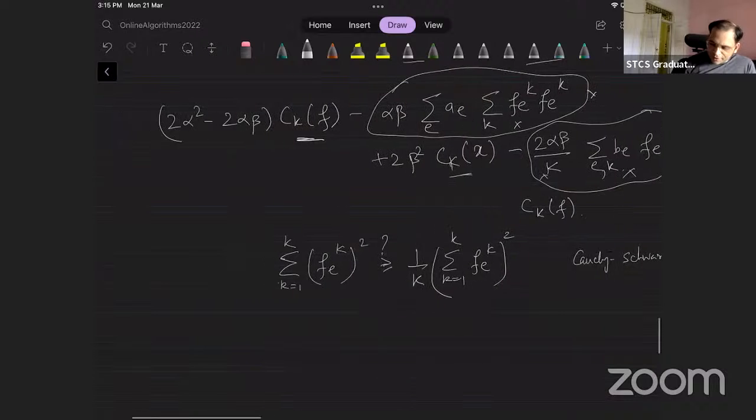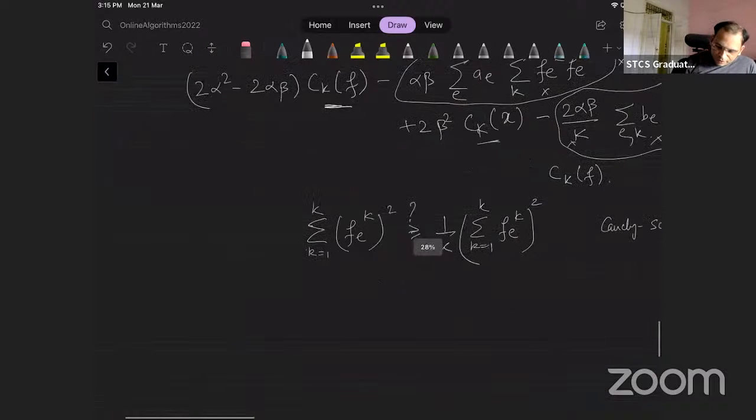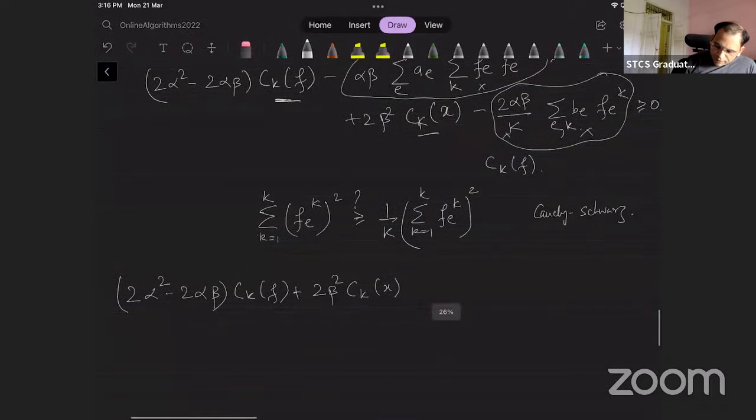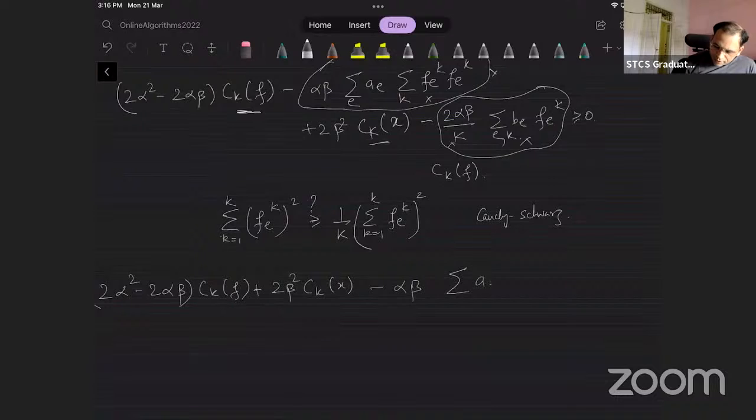Now, if I use this inequality, let me separate these good terms out. So the good terms are 2 alpha square minus 2 alpha beta CKF and plus 2 beta square CKX. So these terms I don't mind. Now I have this minus alpha beta. Using the Cauchy-Schwarz, I get a summation over k equal to 1 to capital K, and minus 2 alpha beta by K summation.